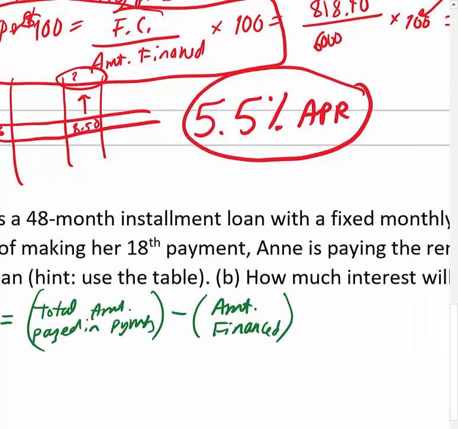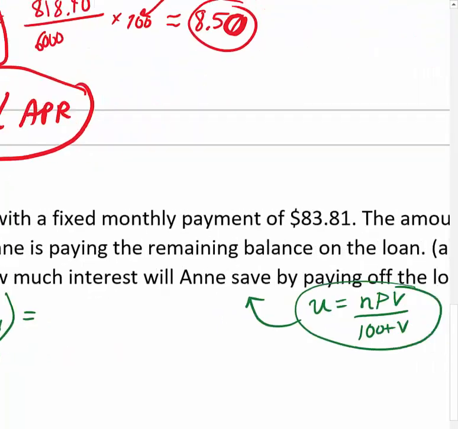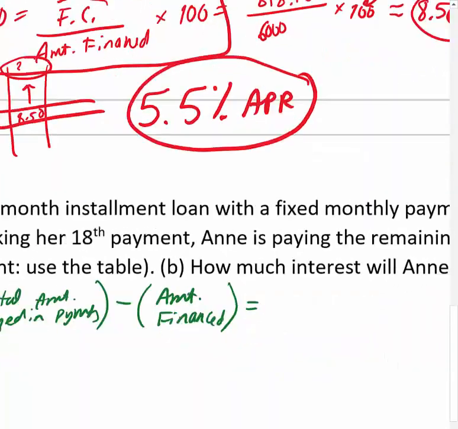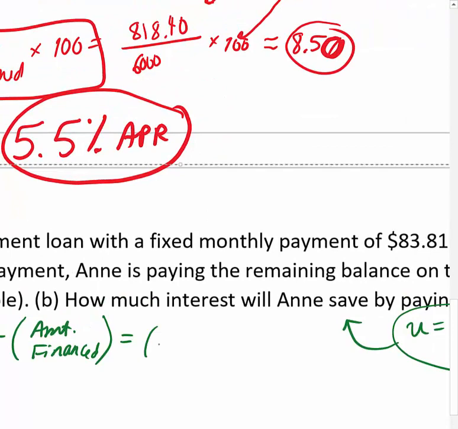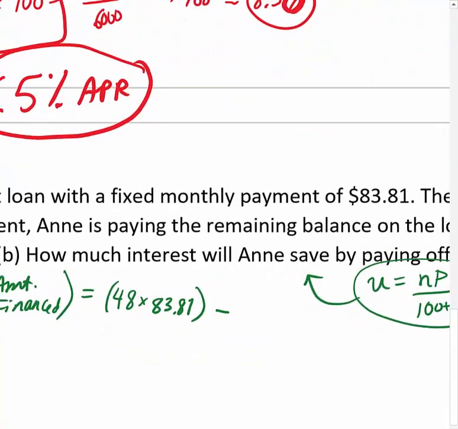Alright, so what was the amount paid in payments? Well, it's the number of payments, which was 48 monthly payments, times each payment was $83.81. And then the amount financed was, they said, $3,500.